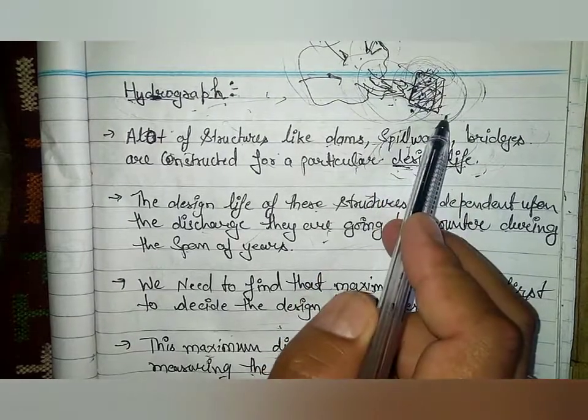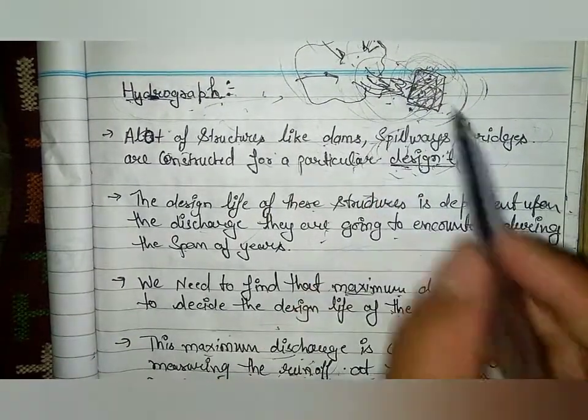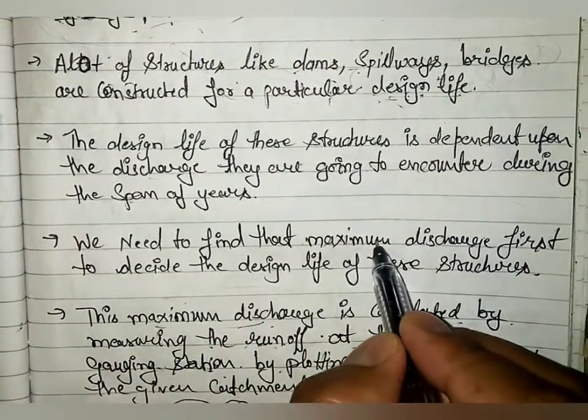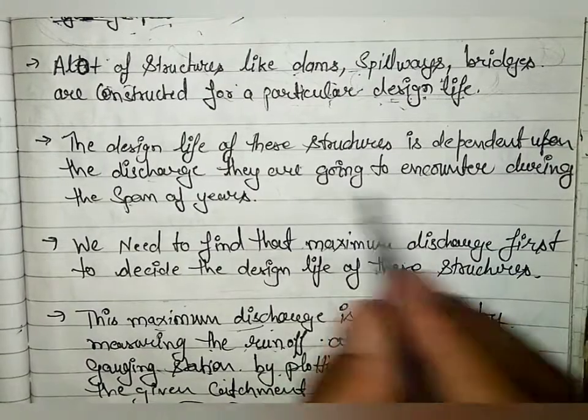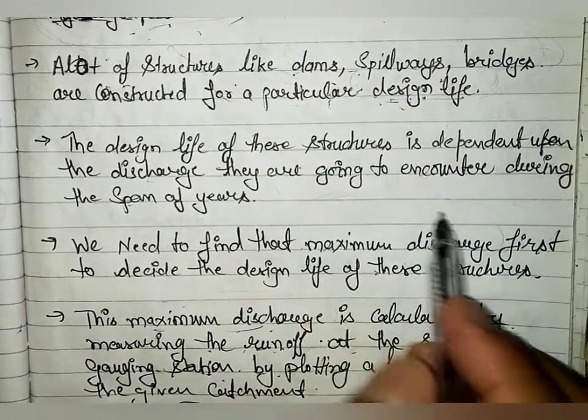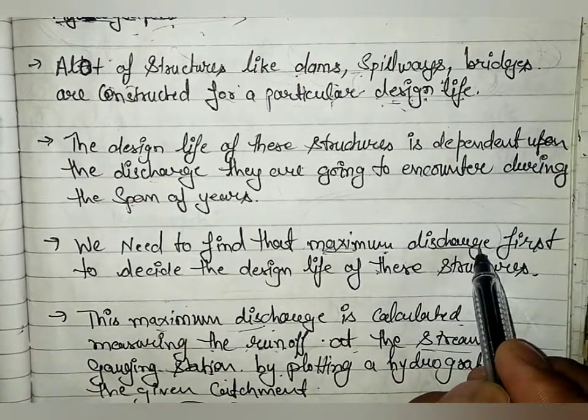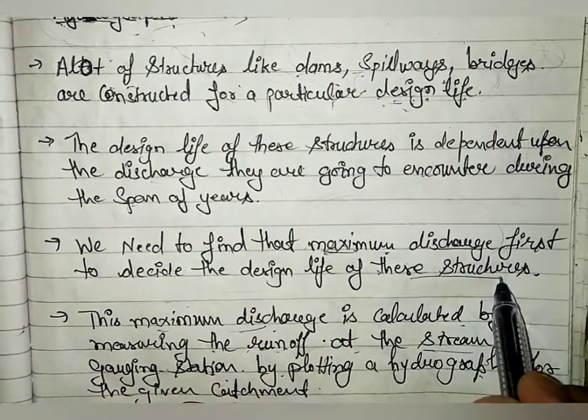So we need to find out the maximum discharge. This is the main motive for studying the hydrograph: to calculate the maximum discharge and decide the design life of these structures.